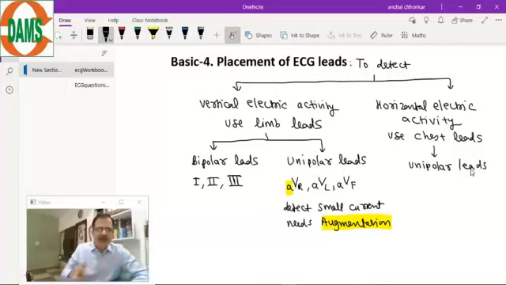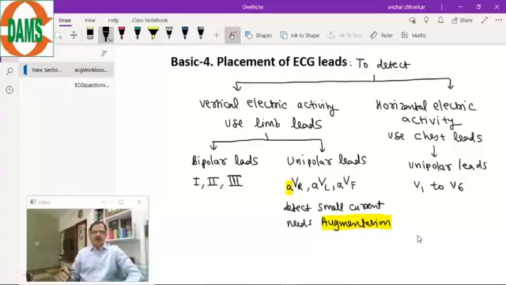The names of these unipolar leads are V1 to V6. So no augmentation is needed because they are directly over the heart and detect a good amount of electrical current.